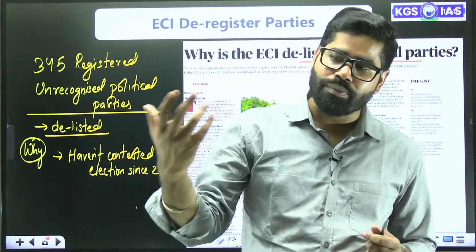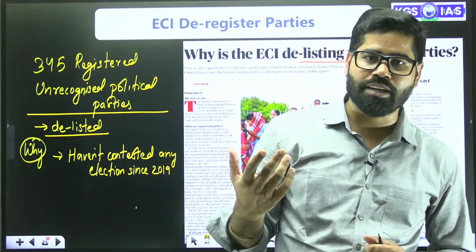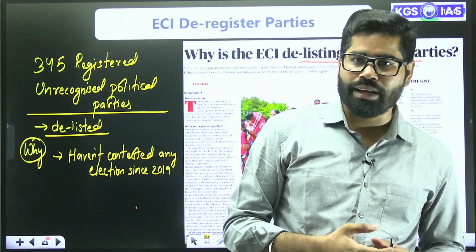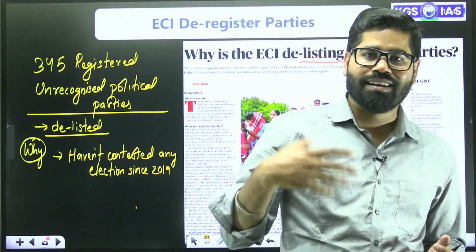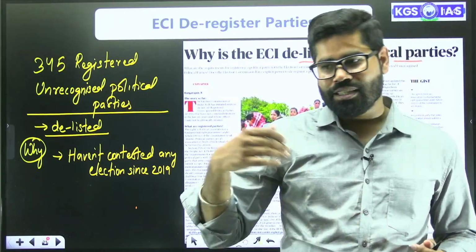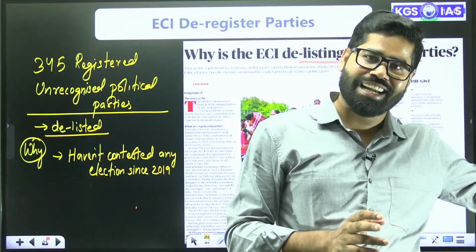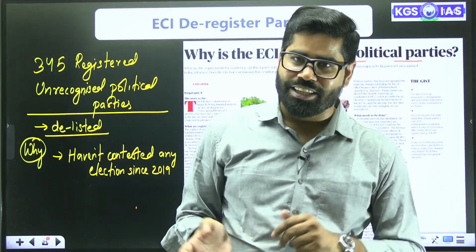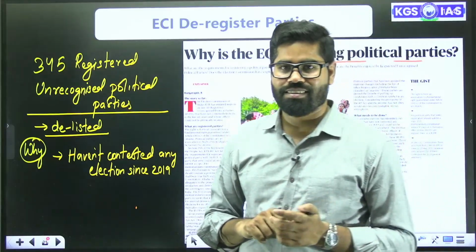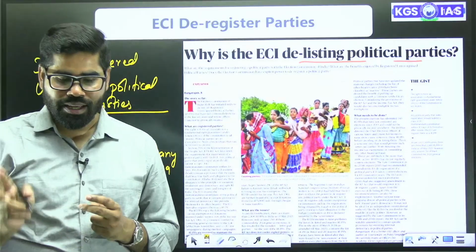Next year, you will be the prime minister, he will be the defense minister, she will be the finance minister, he will be the external affairs minister. But just after a few days, they forgot about that. And since 2019, they have not been contesting elections. It has been more than 5 to 6 years and not a single election has been contested by them.